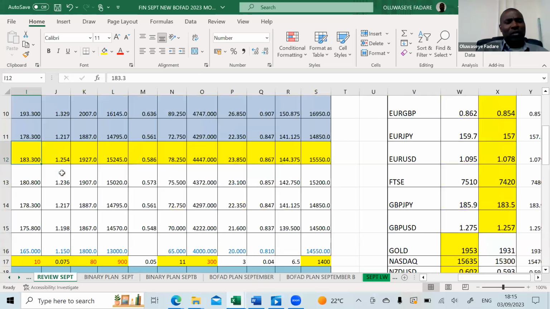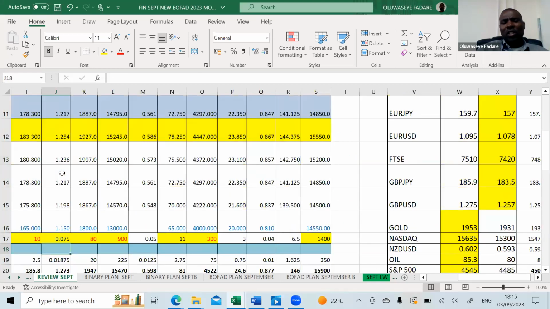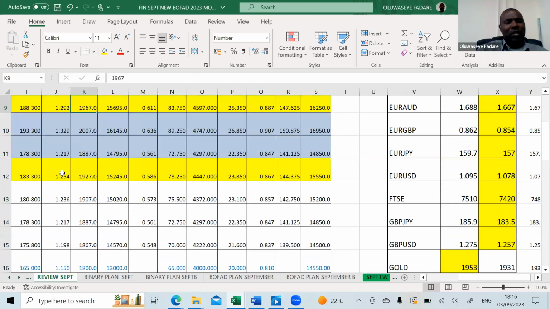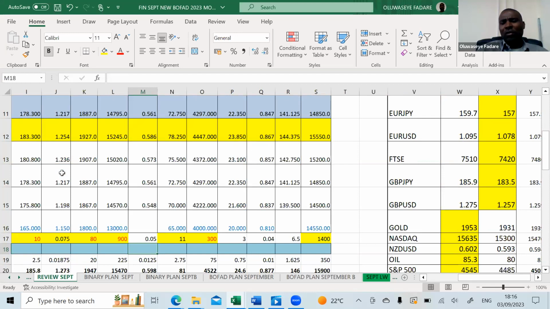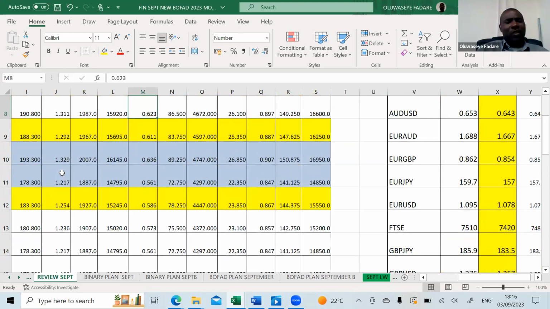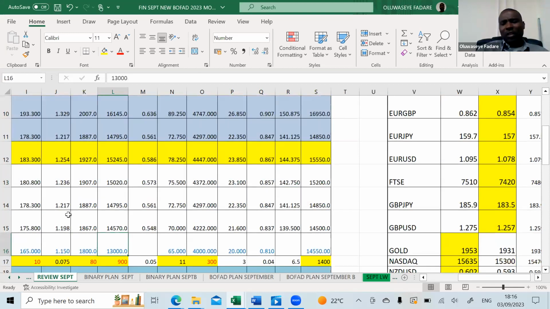So 1.275 is not there. 1953 and 1931. So you can see 1967 and 27 is not there. 15635, 15300. 15635, you can see it's not there, and 15300 is not there.